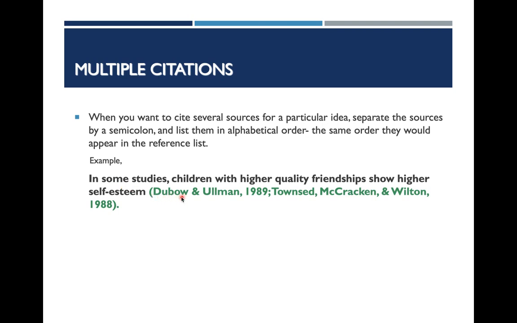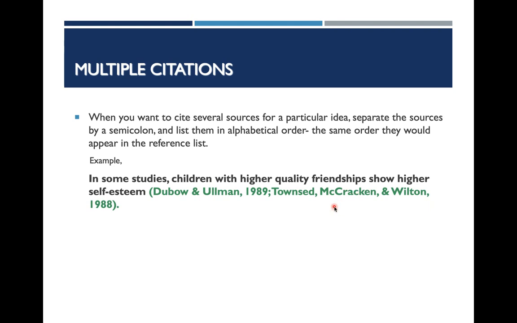So here we see the first citation, Dubois and Ullman, 1989. Then we have a semicolon, and that semicolon is my separation from Article 1 to Article 2, Townsend, McCracken, and Wilton, 1988. So we use the semicolon to separate our two articles, and all of our previous rules apply for how to cite each of these articles individually.